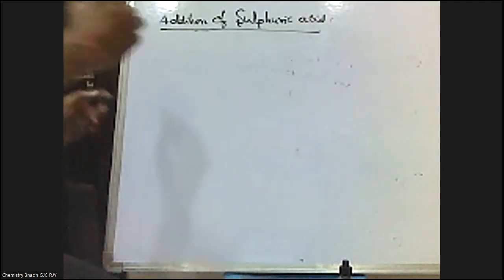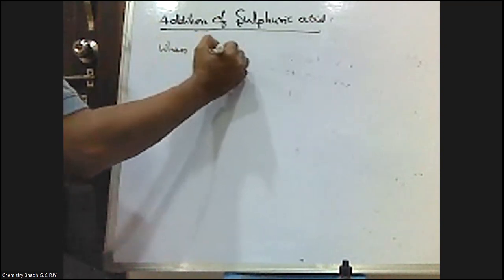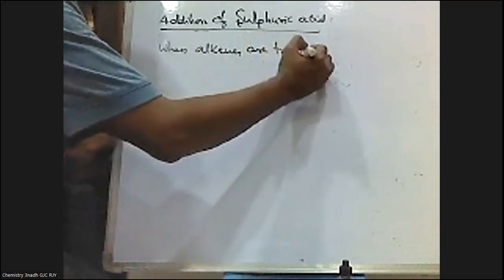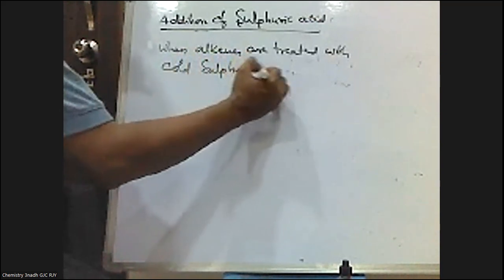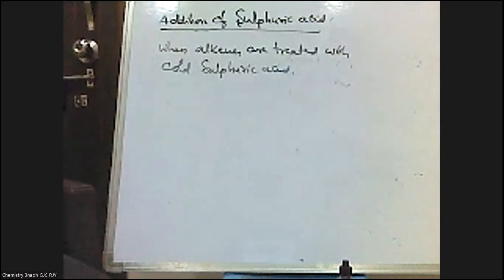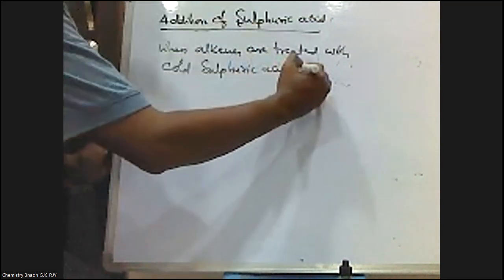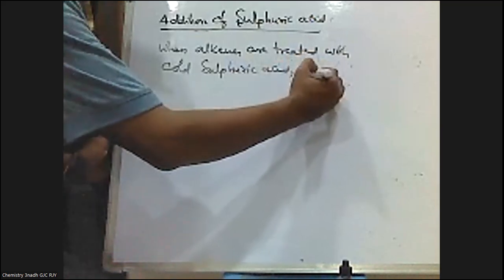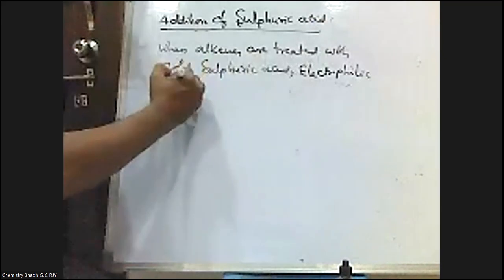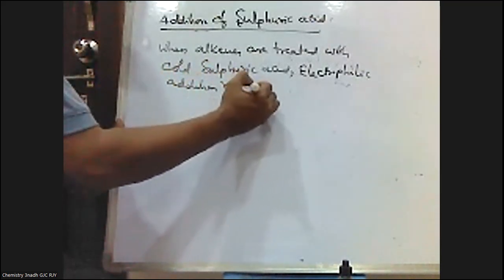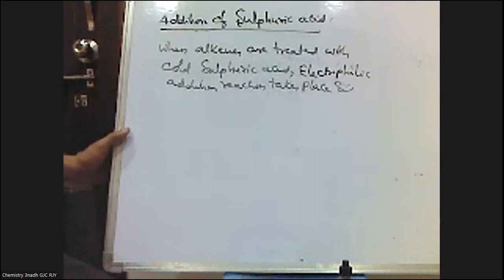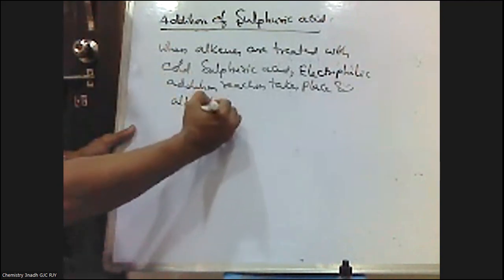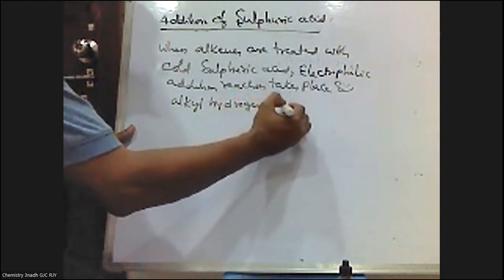When alkenes are treated with cold and concentrated sulfuric acid, electrophilic addition reaction takes place and alkyl hydrogen sulfates are formed.